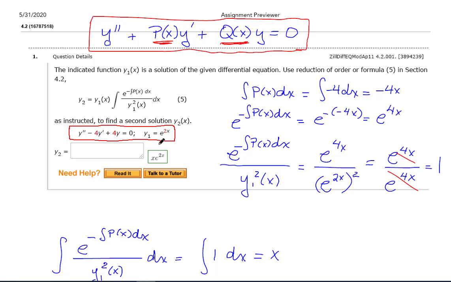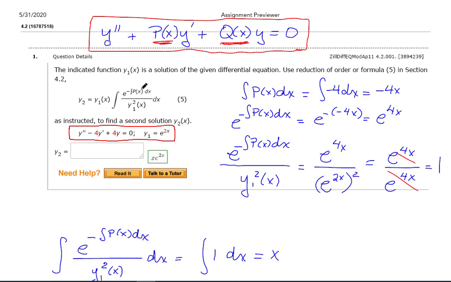We're trying to find a second solution, and the second solution is given by this formula, where the second solution is y1, my first solution, times this integral. It's fairly recipe-ish, so let's take a look.